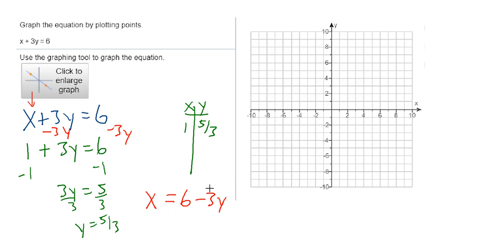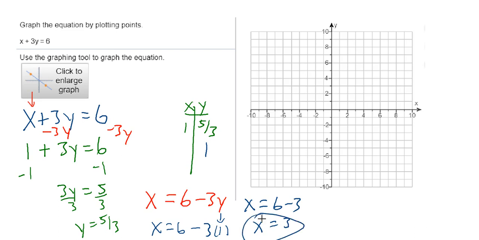And I can plug in whatever I want, and it should work out fine because there's no fractions here that should cause us to get bad answers, right? So I'm going to plug in 1 for y, and then let the equation tell me what x is equal to. So we're going to get x equals 6 minus 3, which gives me 3. And that's what I get for x.